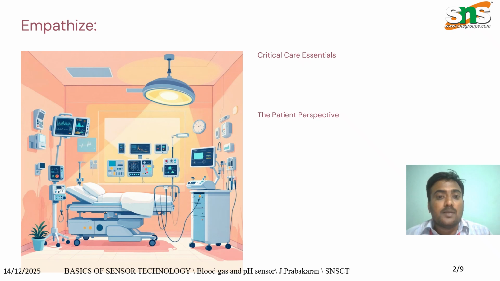From the patient perspective, the sensor must give fast results, require very small blood samples, and cause minimum discomfort. So before designing a sensor, the engineer must think: how will the sensor affect patient safety and treatment decisions?